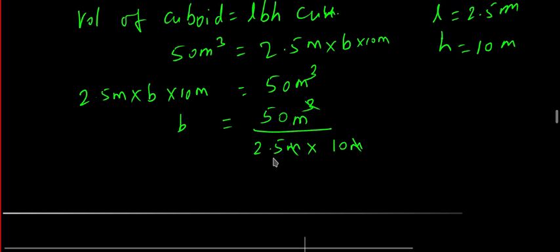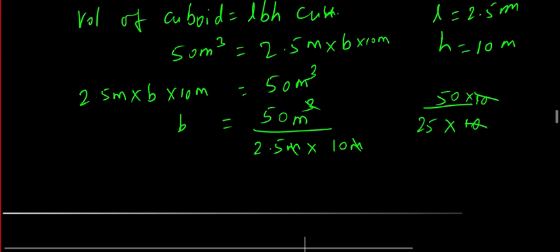And if we simplify this, 50 divided by 2.5, here we have to multiply by 10. For this decimal place, if you multiply 10 on both sides, this decimal place will go. So 50 into 10 will come to the numerator, and 25 into 10 we will put here.